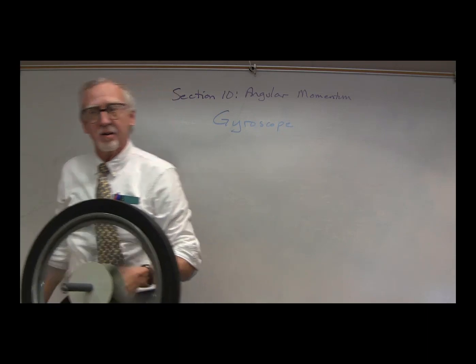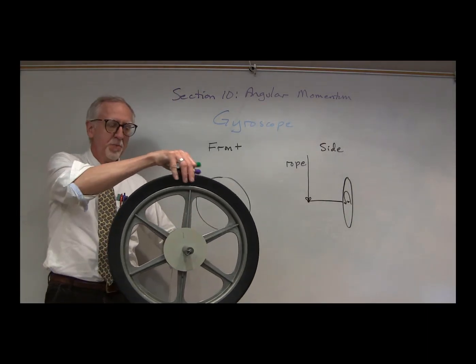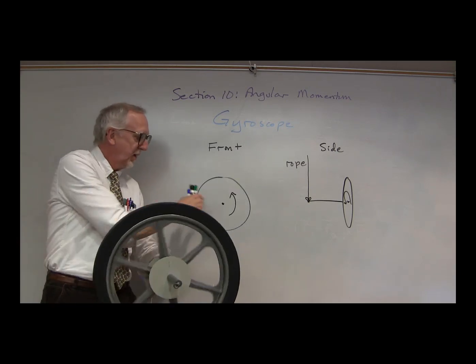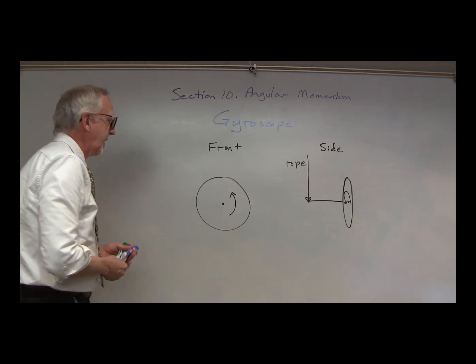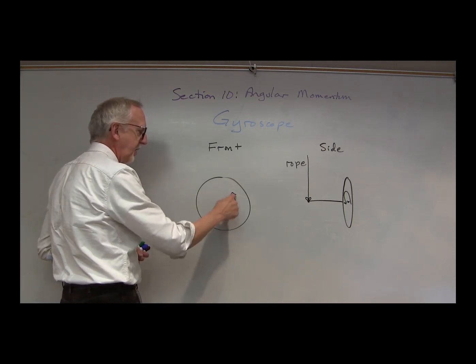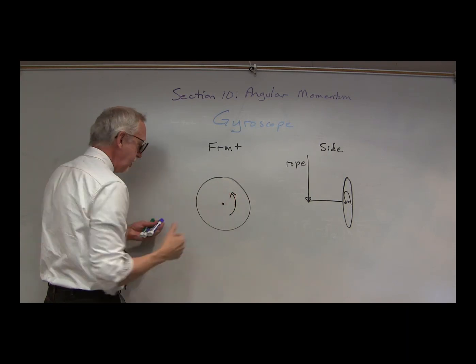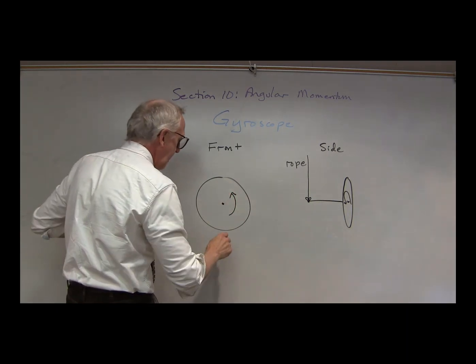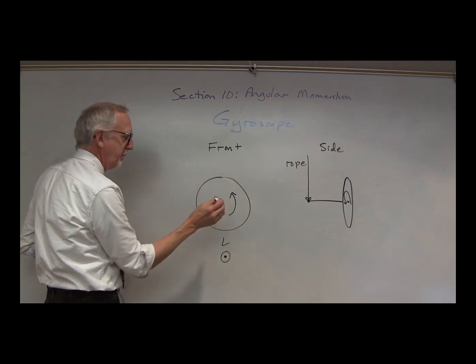What is going on here? So here we go. Here's our wheel, our gyroscope. It's spinning this way, in a counterclockwise direction. So we know the angular velocity this way gives us an angular momentum pointing out of the board. So L is going to point out of the board this way.